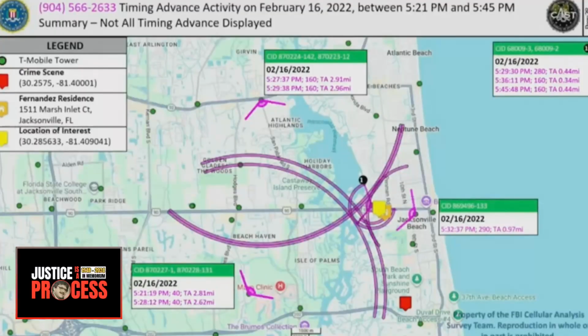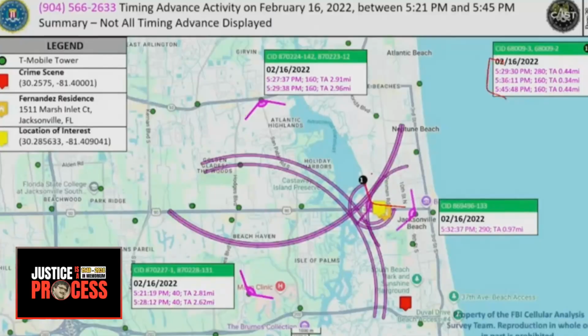So you can see timing events between 5:21 and 5:45, showing the target cell phone in this area near Beach Boulevard, just east of the Intracoastal Waterway, between 5:21 and 5:30, and then the 1 represents this tower and sector located closest to the yellow flag and the residence flag, the Fernandez residence, and those are the events between 5:29 and 5:44.